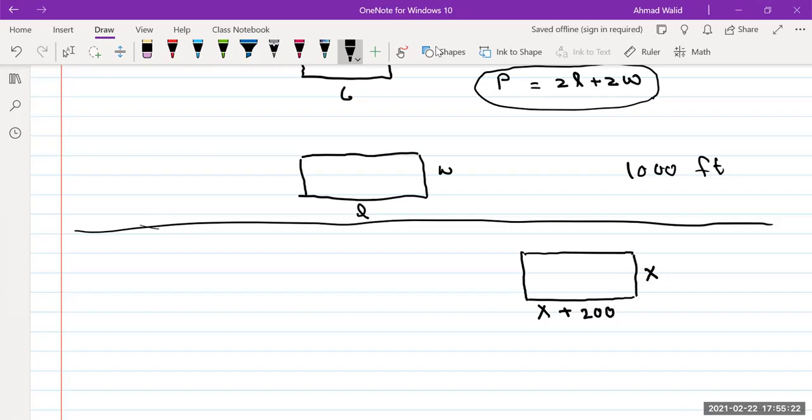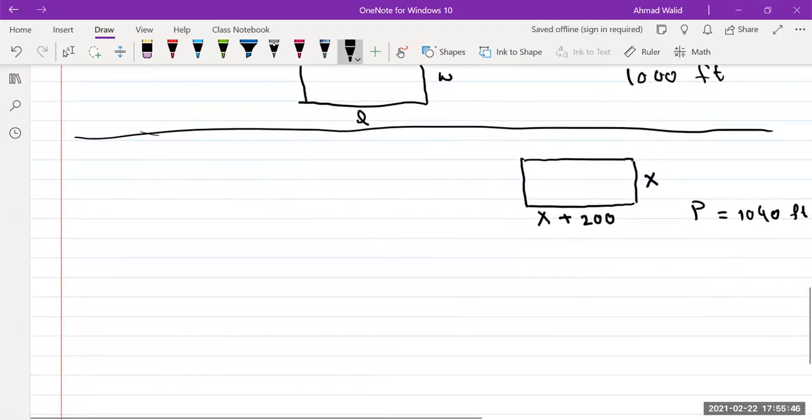Now, the second part of the problem. If the perimeter of the field is 1,040 feet, which is around this field, find the length and the width of the football field.